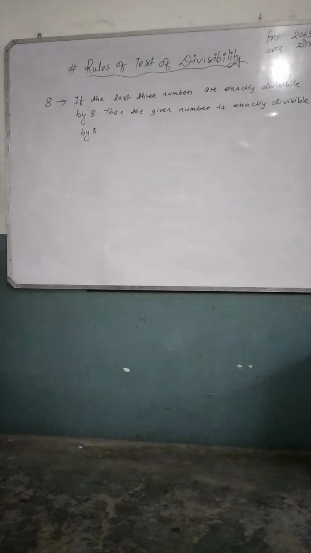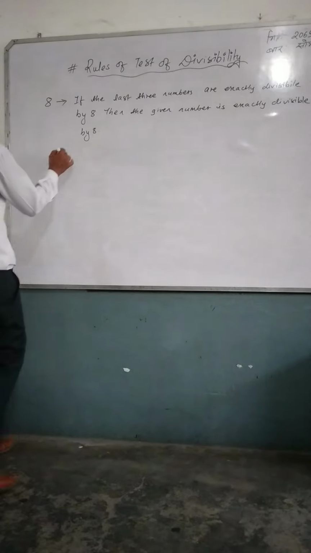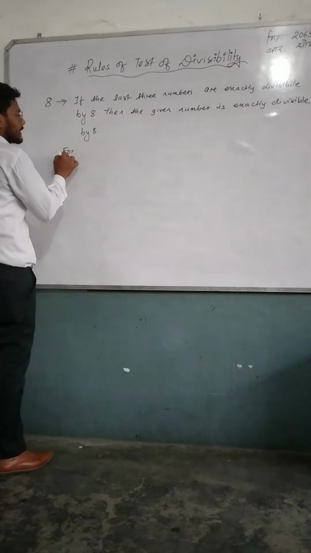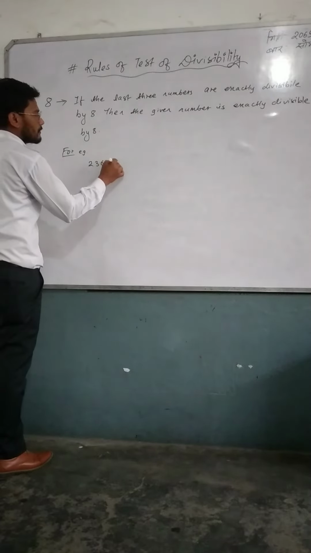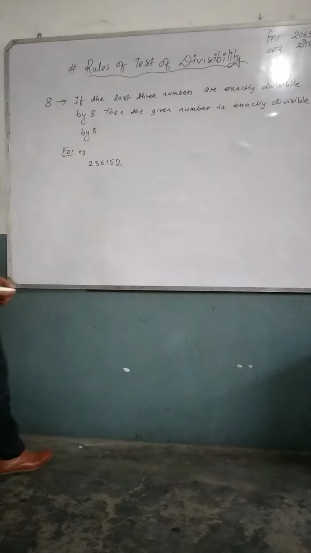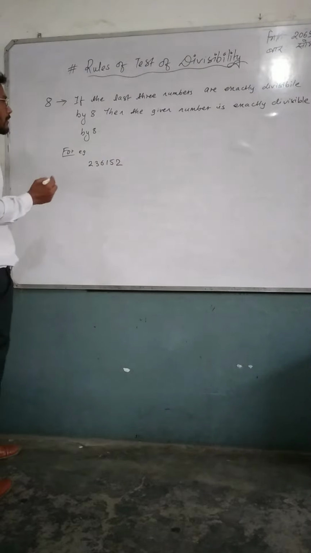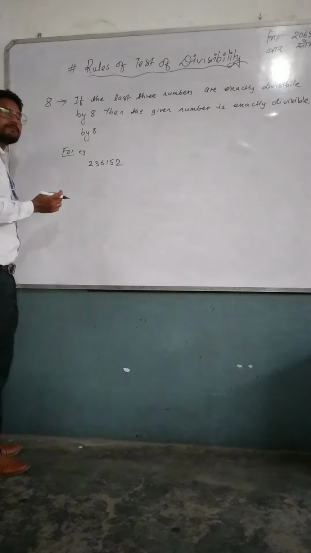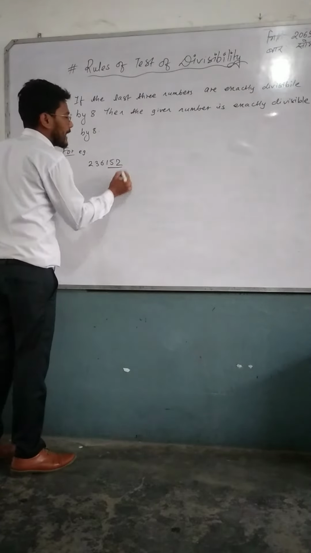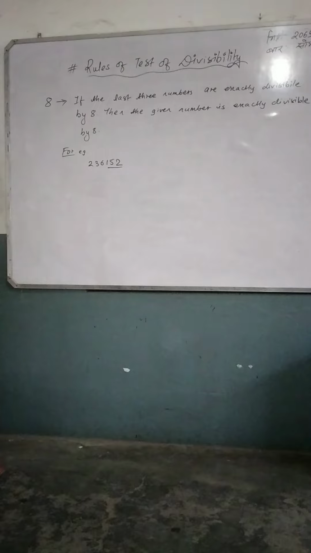Now let us do an example for it. For example, let us take 2, 3, 6, 1, 5, 2. Now according to the rules, we need to select three numbers, and that number must be at last. Now can you see me which are the last three numbers? 1, 5, 2 are the last three numbers.